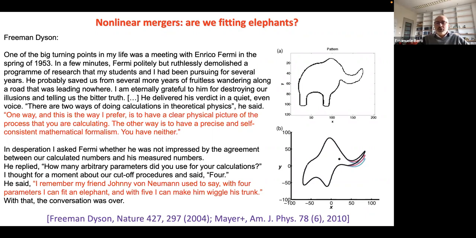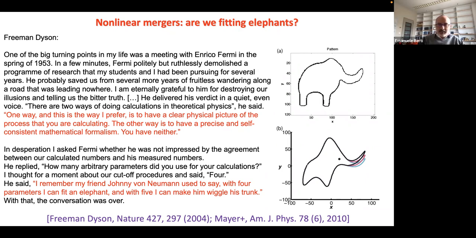He said that when he showed the data to Fermi, Fermi barely looked at what Dyson was presenting, and said, there are 2 ways of doing calculations in theoretical physics. One way, and this is the way I prefer, is to have a clear physical picture of the process that you're calculating. The other way is to have a precise and self-consistent mathematical formalism.